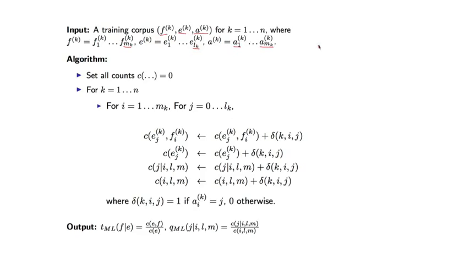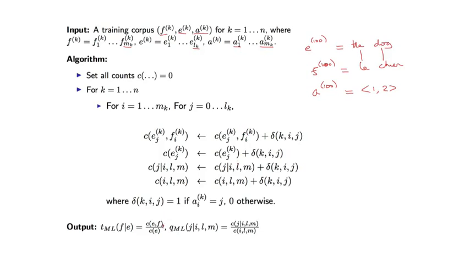Okay, so as one example we might have e_100 equal to "the dog", f_100 equal to this, and then our alignment a_100 equal to, say, 1, 2, which basically corresponds to this alignment here. Okay.